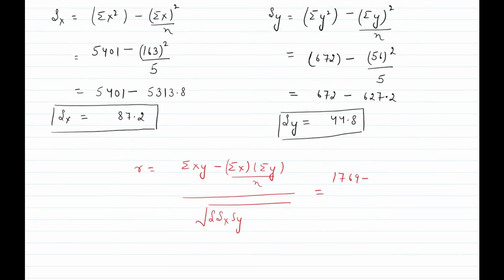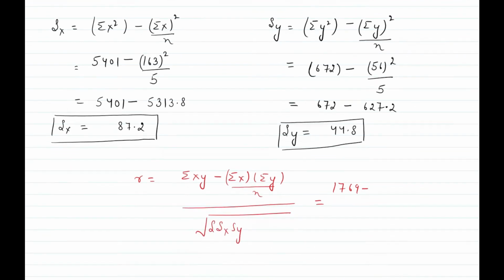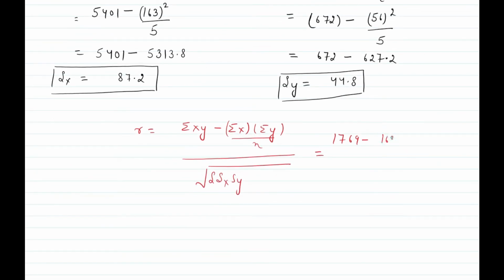Summation of x is 163 and summation of y is 56, so 163 multiplied by 56, divided by n, which is 5, whole divided by the under root of sx, that is 87.2, and sy, which is 44.8.